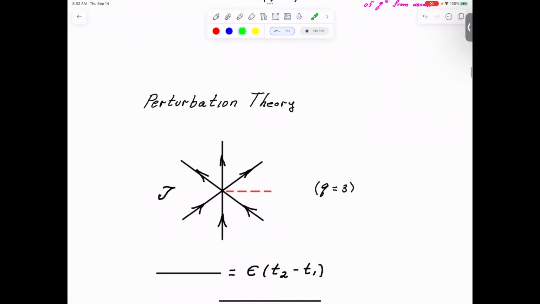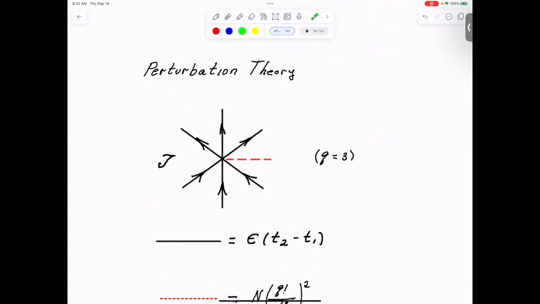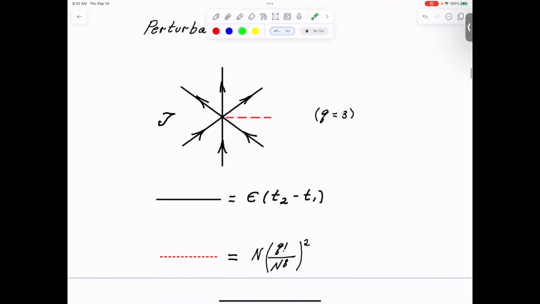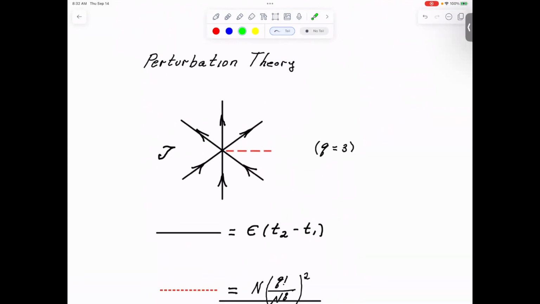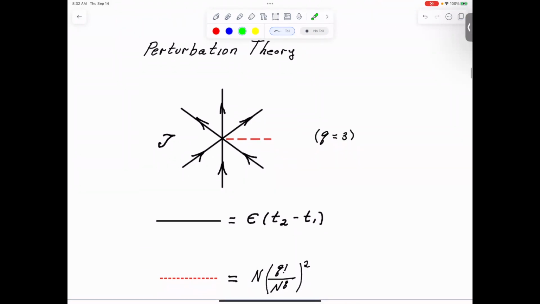I'm going to tell you some things about perturbation theory in this context. Perturbation theory means perturbation in the Hamiltonian itself. In the Lagrangian, there's a term which is quadratic, chi dot chi, and the rest of the Hamiltonian can be thought of as perturbation.